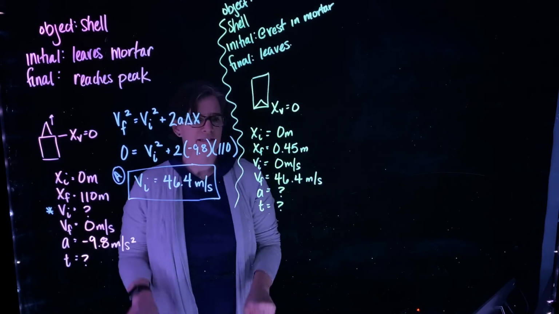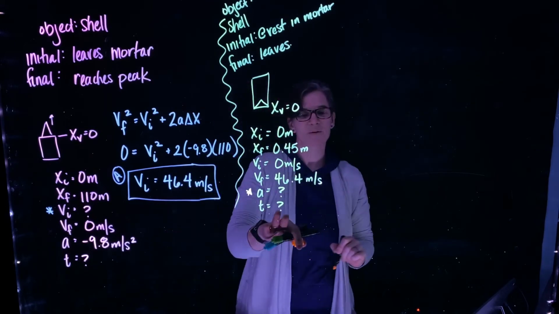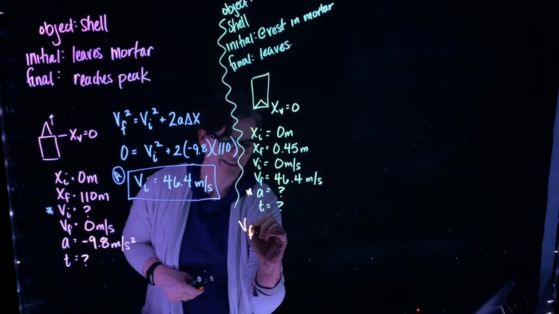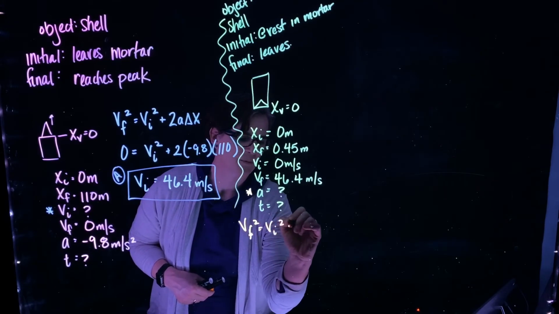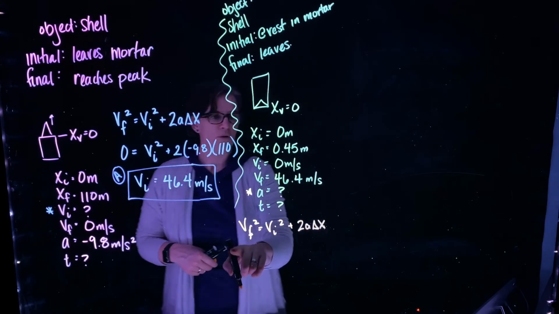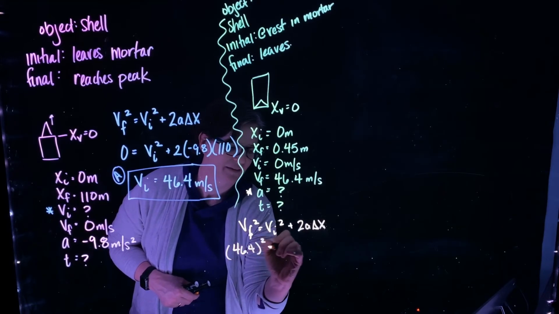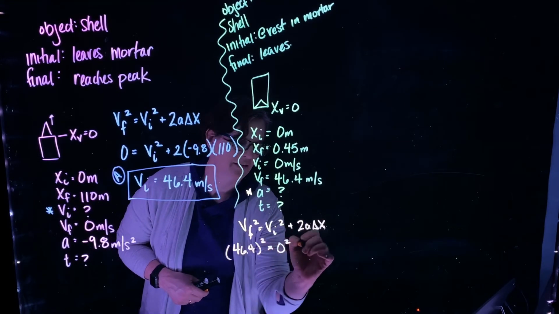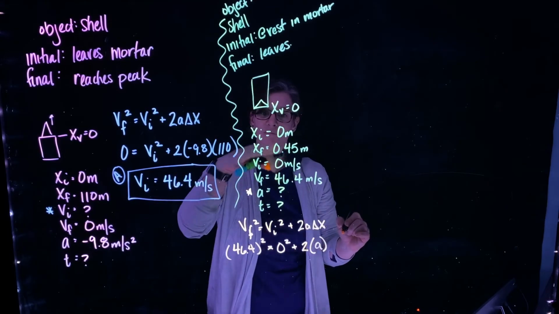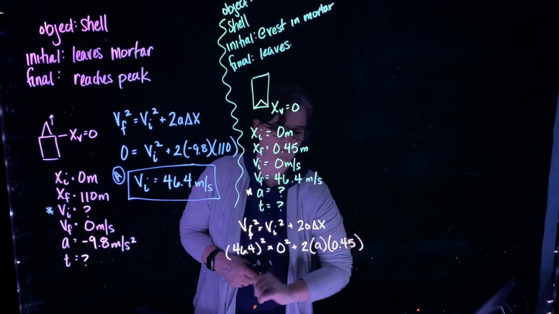We're interested in solving for this acceleration. And once again, I don't know time, so I'm going to utilize that same equation that I did before when I didn't know time and I knew everything else in it. So V final squared is this 46.4 quantity squared, V initial is 0, plus 2 times the acceleration I don't know, times my displacement of 0.45.